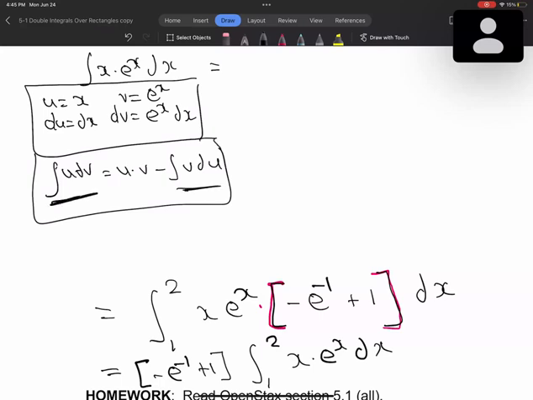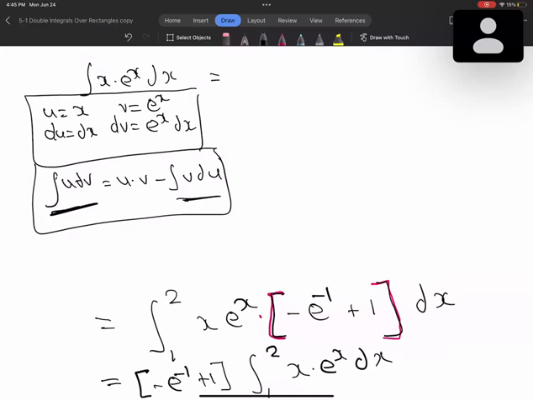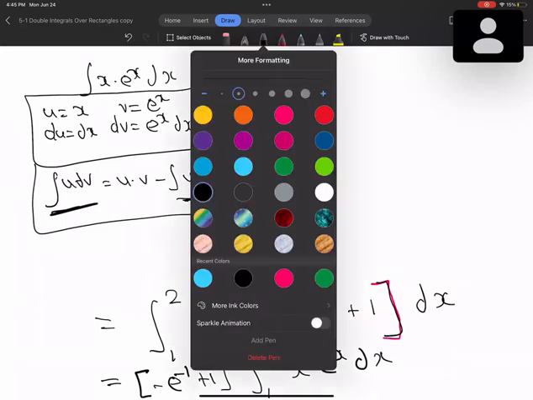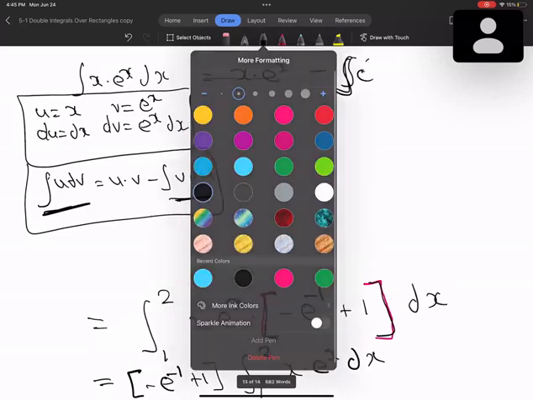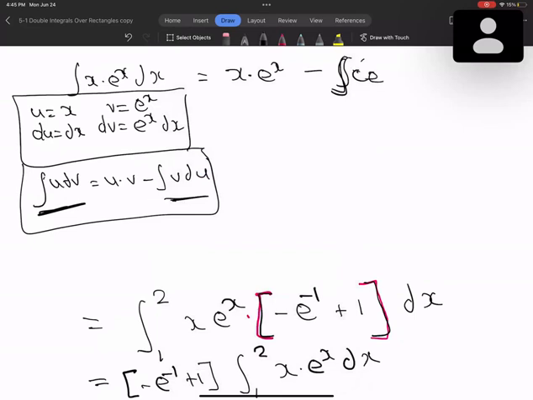Okay. So u times v is x times e to the x, minus the integral of v du.